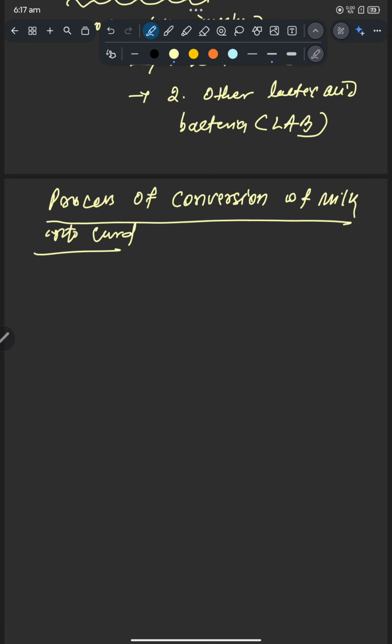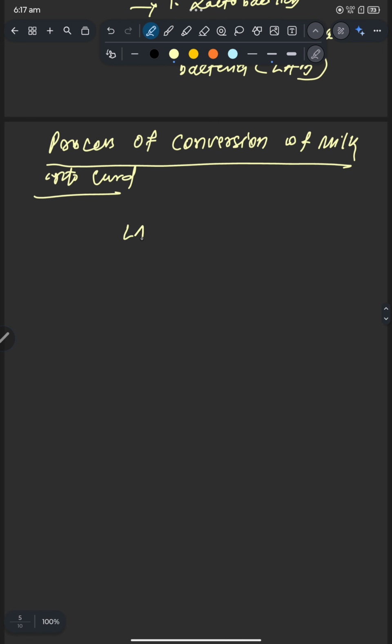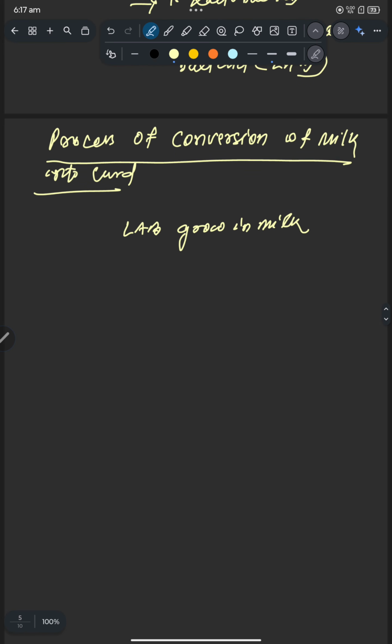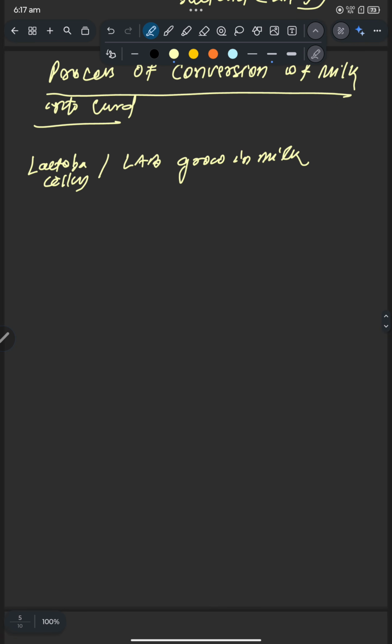Okay, so let us see. LAB grow in milk. LAB means what? Lactic acid bacteria or the lactobacillus. So LAB is grown in the milk. Then this LAB produces acids.